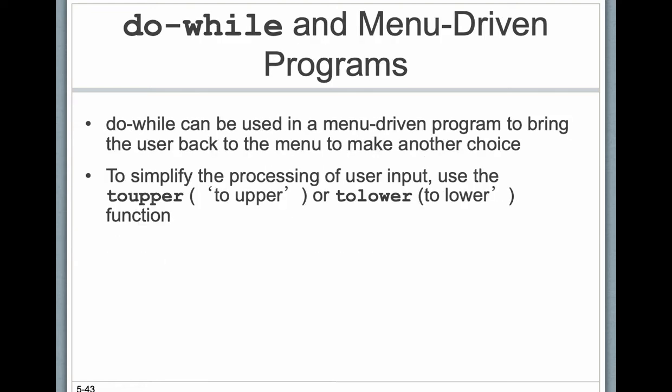The do-while loop can be used in a menu-driven program to bring the user back to the menu to make another choice. To simplify the process of user input, you can also use the toupper and tolower functions that will allow you to simplify the evaluation. Let's say you're capturing enter Y or enter N to proceed with the program or to finish it.